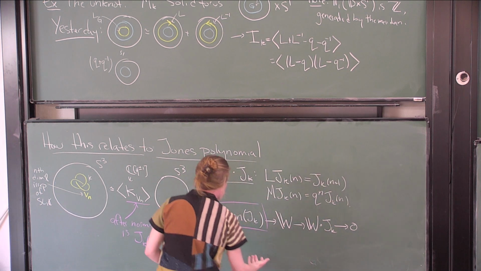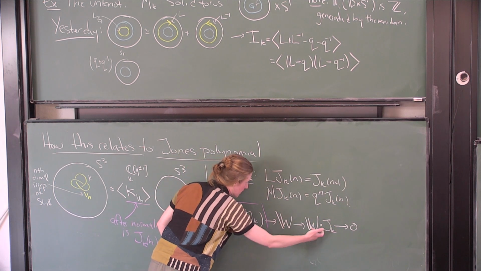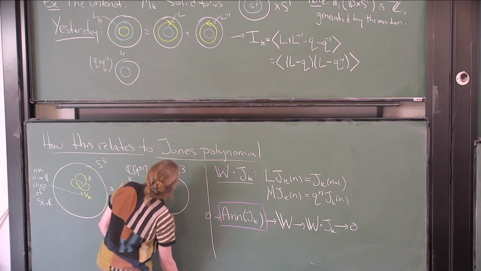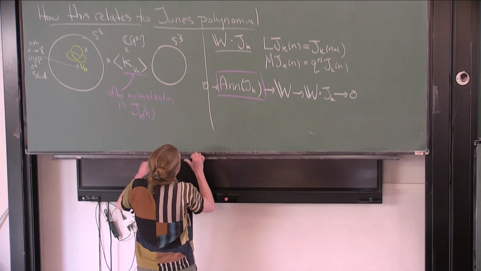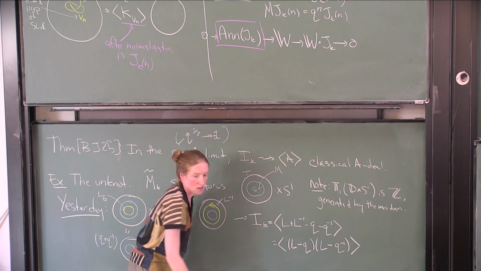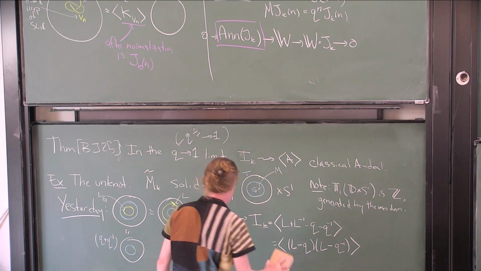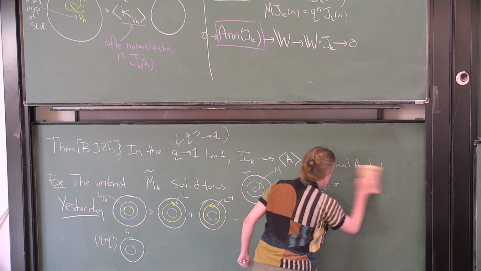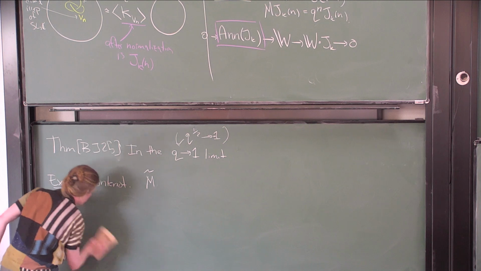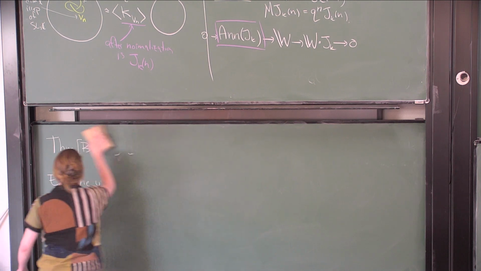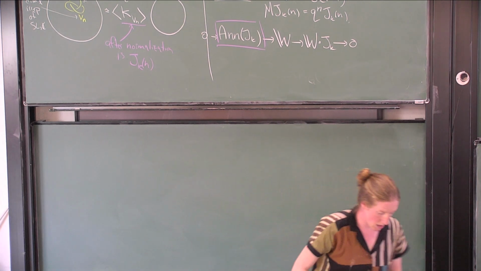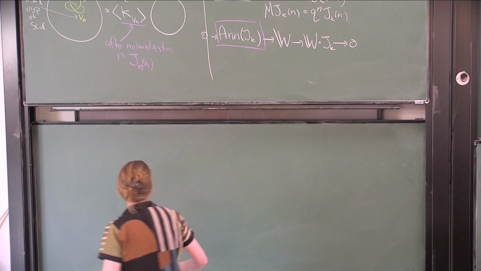And what you need to do is you need to understand this action in terms of also skein modules. We've got another big picture for this, and then I think after that that'll be the good finale thing to draw. So what's going on? How do I understand this action?